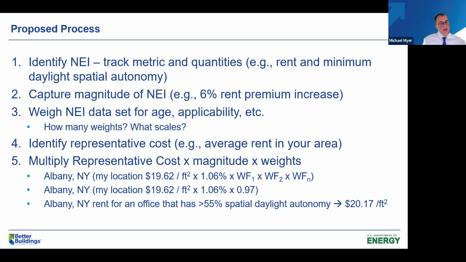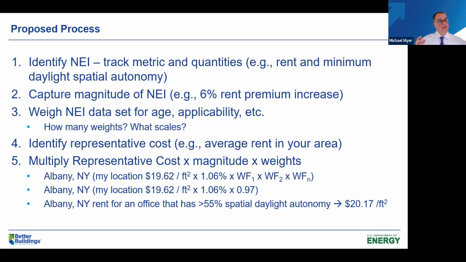In this hypothetical scenario, I said all those weights reduced to 0.97. So then you can see that in this scenario, if I had an office in Albany, New York, that met a 55% spatial daylight autonomy, you should be able to actually get a rent premium of $20.17.